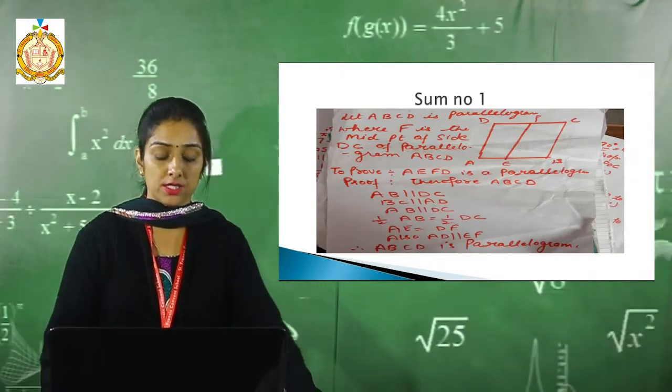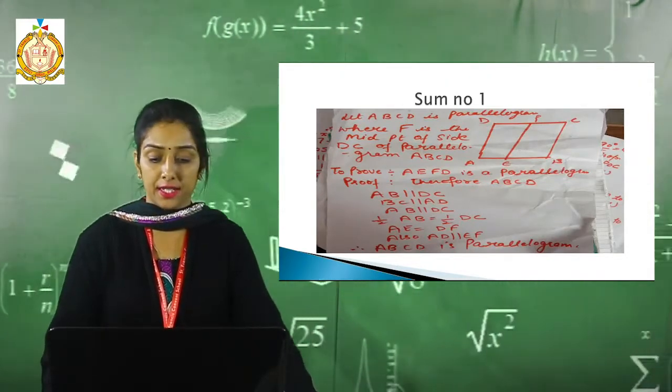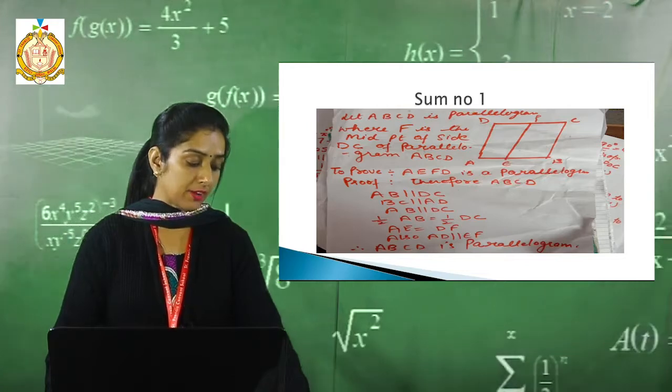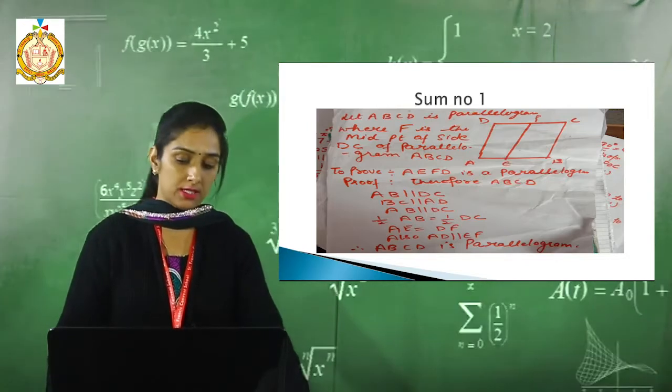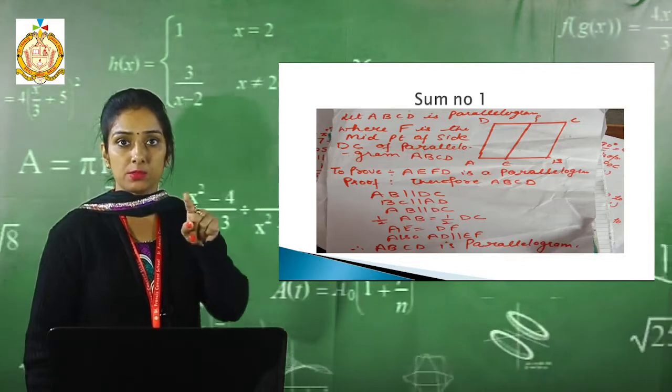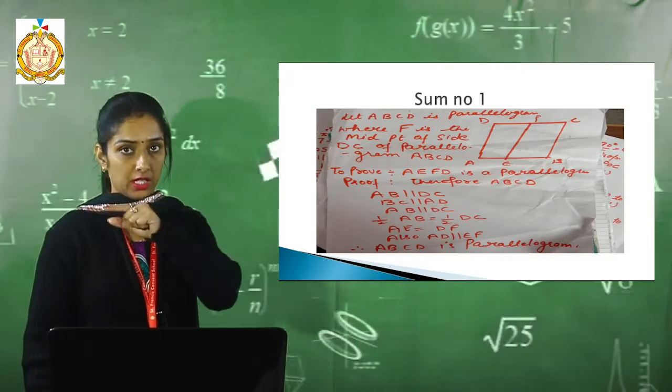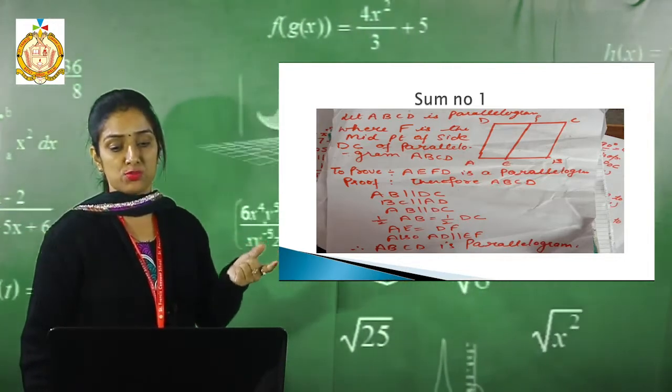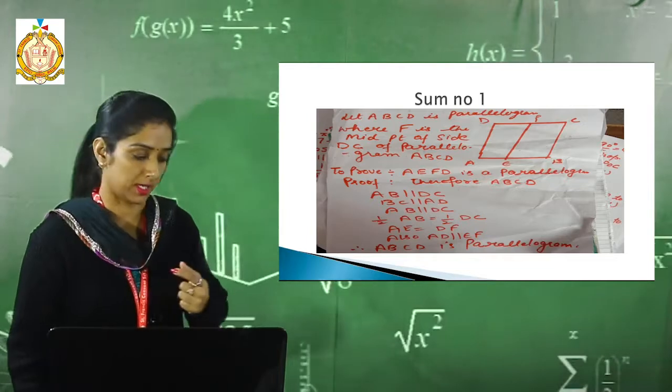If E is a midpoint of side AB and F is a midpoint of DC. See, in parallelogram ABCD, E is a midpoint on side AB and F is a midpoint on side DC.